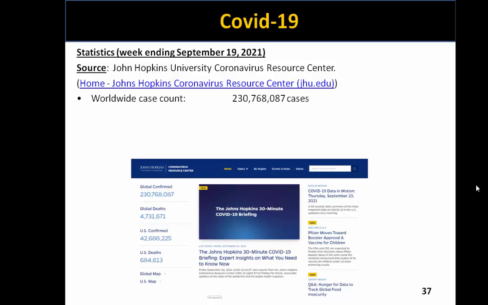As of the week ending September 19th of 2021, the Johns Hopkins Resource Center reported over 230 million cases of infections worldwide and over 4.7 million deaths.